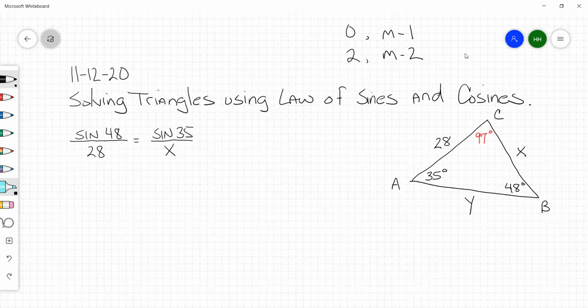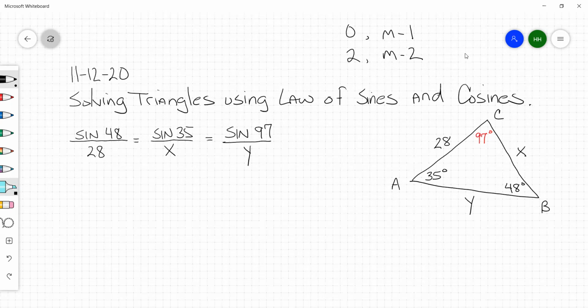Now look, while we're here, this is also equal to the sine of 97 over y. So by writing this extended proportion, we can save some time. All right, so we won't have to write this later.